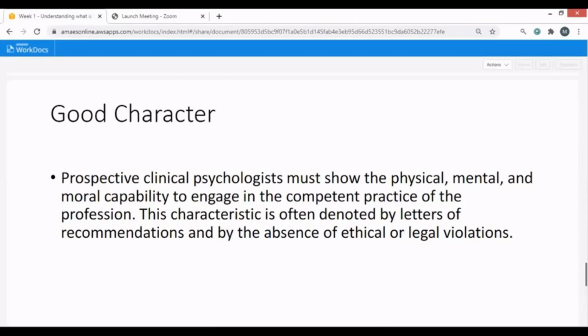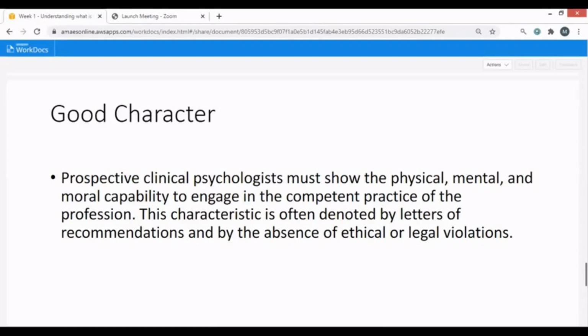Practitioners of clinical psychology should also know the ethical codes that guide practice: the American Psychological Association's Ethical Principles of Psychologists and Code of Conduct, referred to hereafter as the Ethics Code.